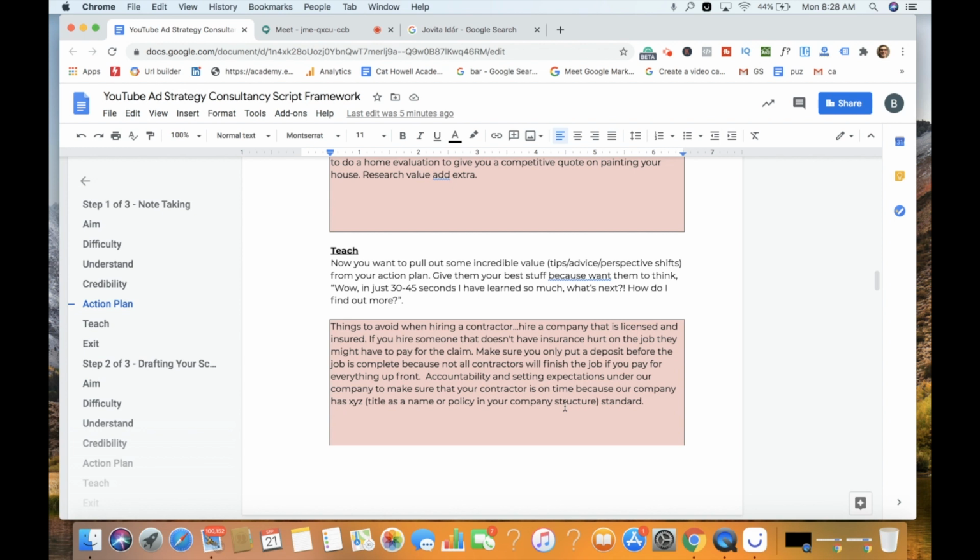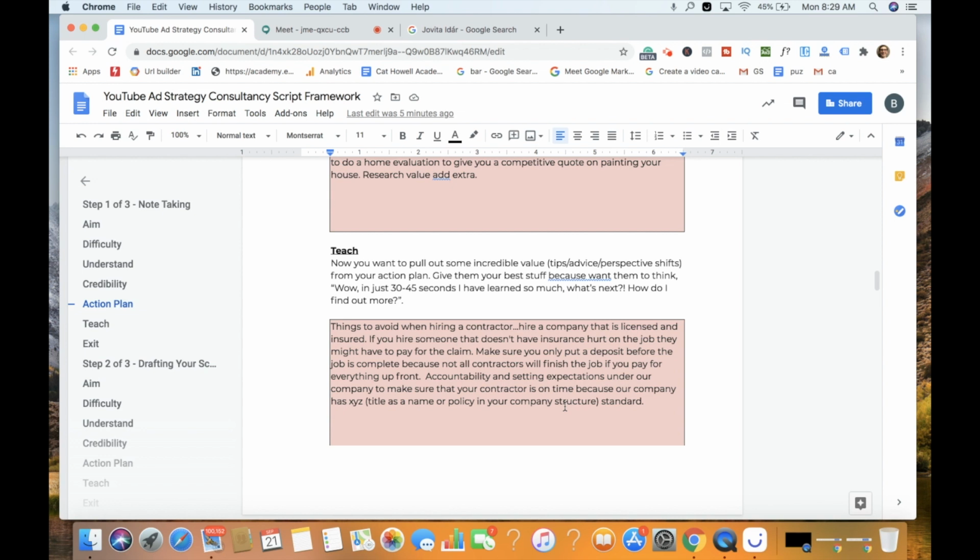Don't pay a contractor for an evaluation. Don't pay a contractor for the full job upfront. You should take baby steps, get the free evaluation, make sure that they know what they're talking about and they're going to deliver the solution you're looking for. And then only pay for the beginning of the job so that they actually complete the job. We found that there are a lot of contractors out there that start a job and don't finish it.